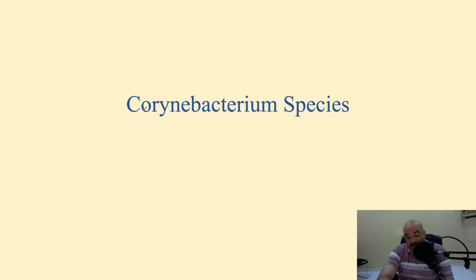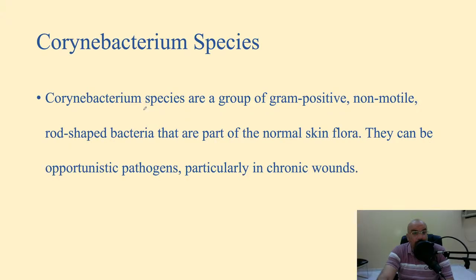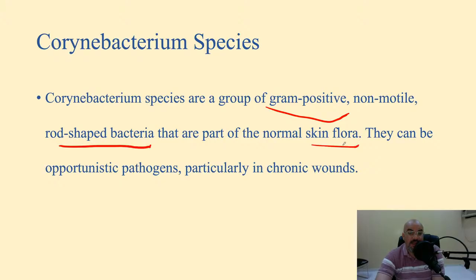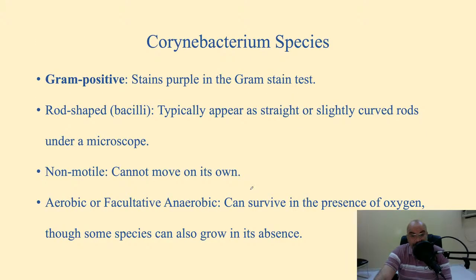The second type of bacteria is the Corynebacterium species. Corynebacterium species are gram-positive, non-motile, rod-shaped bacteria that are part of the normal flora. It is the second most frequent type of normal flora after Staphylococcus epidermidis, and in the same way can negatively impact chronic wounds.